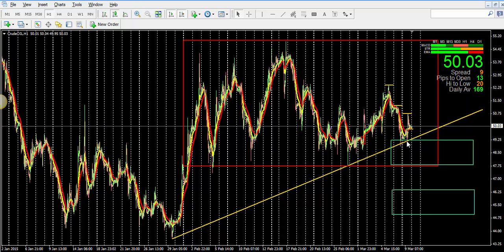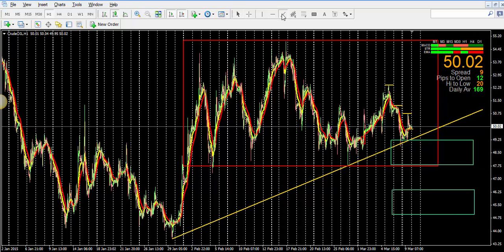So if this fails, what you would do is let the market fall to this Fibonacci box around the 47, 48 area, look for a buy cross, the yellow moving average closing above the red moving average, and buy it back to continue towards the upside. Or let it come to this buy area around 44s, 45s, and look for a buy cross.